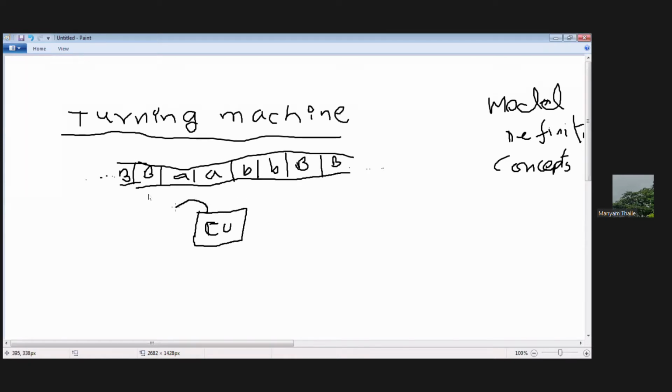Now the read write head is there, pointing to the current input symbol. So this is a model of the Turing machine.